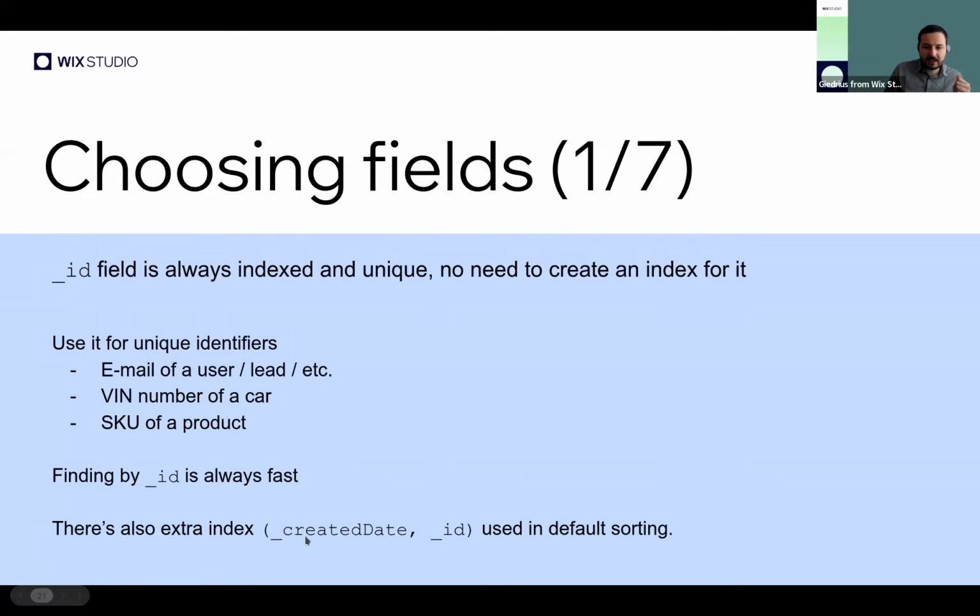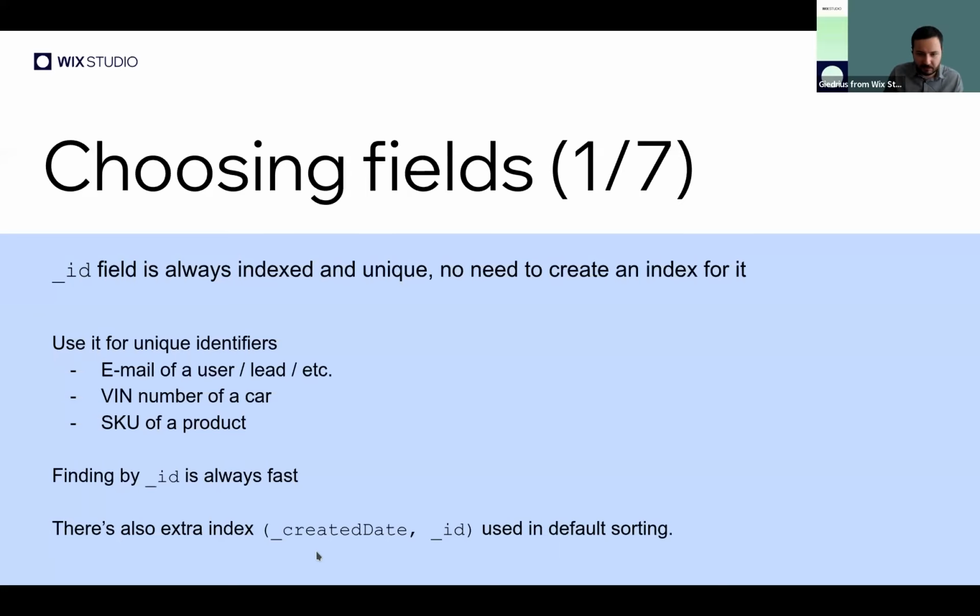There's also an extra index on created date and ID. If you don't specify any sorting order, whether you're in the CMS, executing a query, or showing items via a dataset, you'll notice that the items appear in a certain predefined order, and that order is created date.